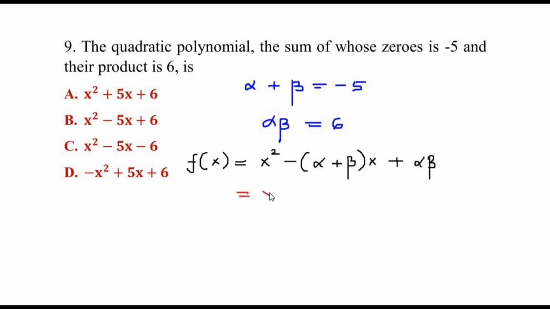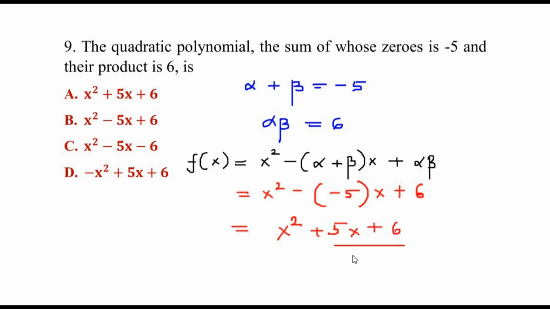We have x square minus alpha plus beta, which is negative 5, times x, plus alpha beta, which is 6. So here we get x square, minus of minus is plus, so plus 5x plus 6. So this is the equation of the quadratic polynomial. So here we have option A as the answer.